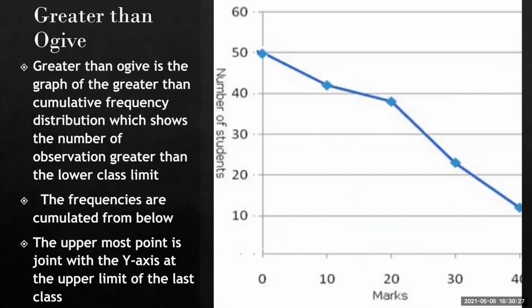Greater than ogive. A greater than ogive is a graph of the greater than cumulative frequency. The frequencies are accumulated from below. The uppermost point is joined with the y-axis at the upper limit of the last class.